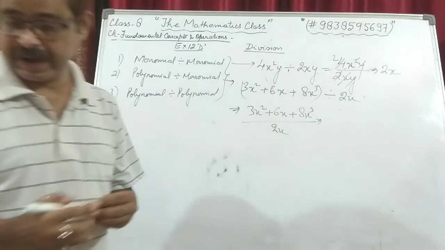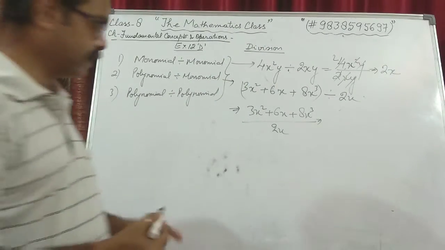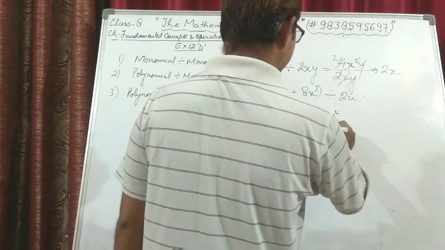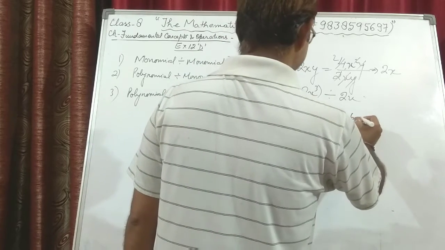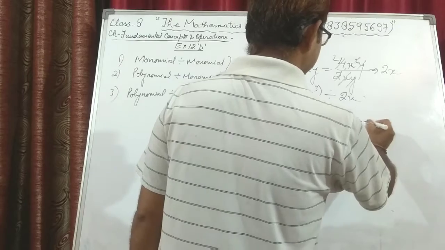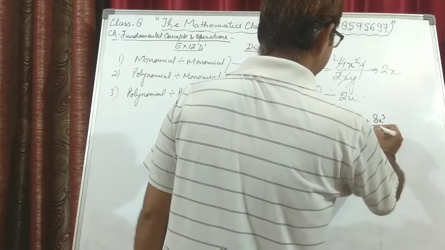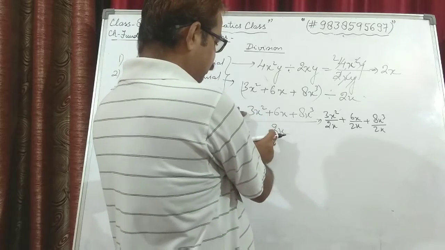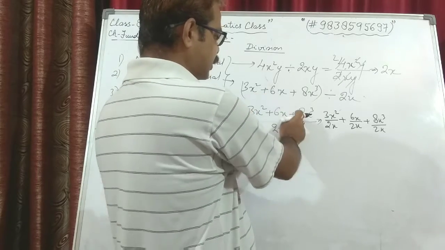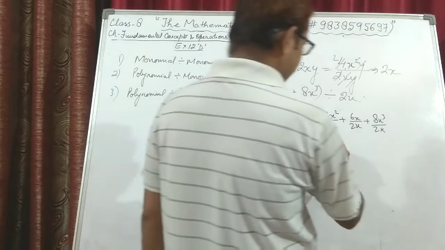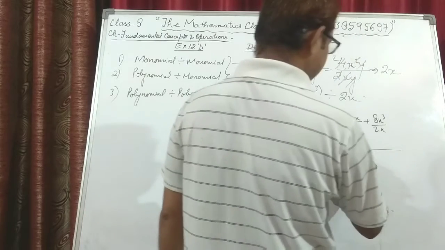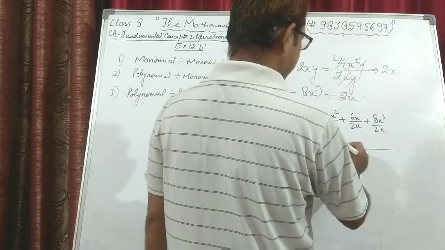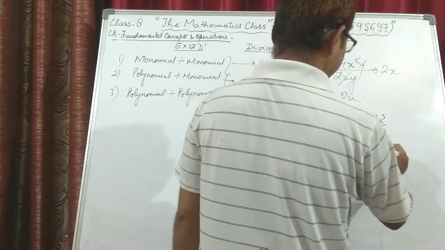We can separate it, and it can be written as 3x square upon 2x plus 6x upon 2x plus 8x cube upon 2x. Means if you break it, this can be written as numerator upon denominator plus numerator upon denominator plus numerator upon denominator. Why? Because when you take the LCM, it is again 2x, so this will come back to its original condition.